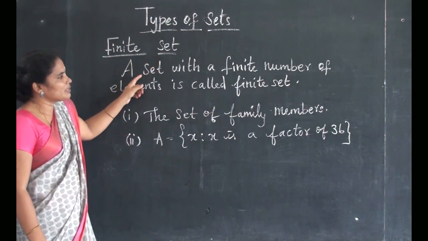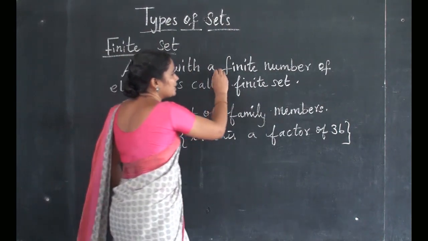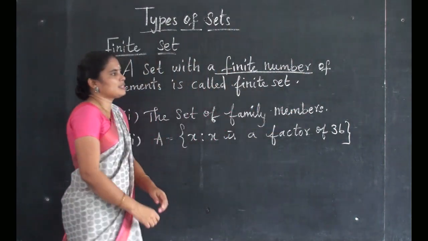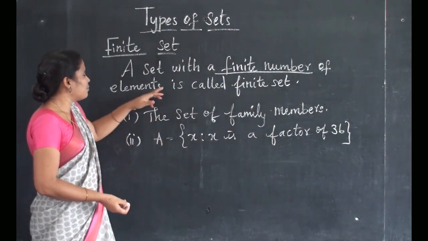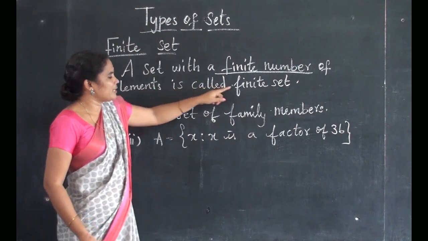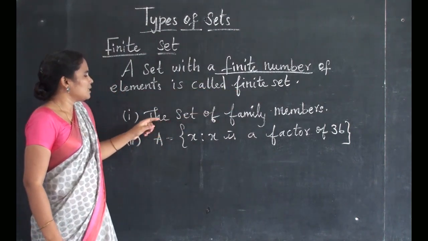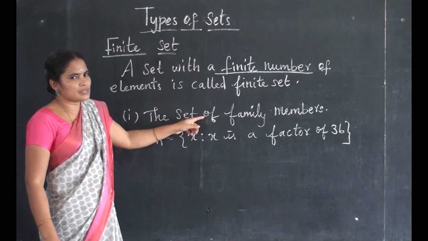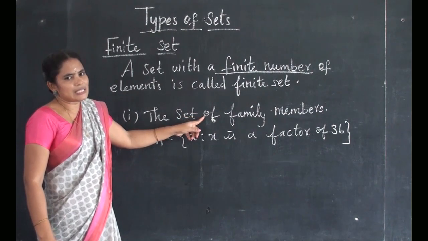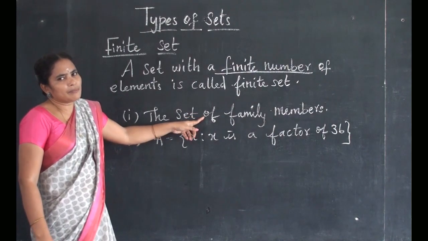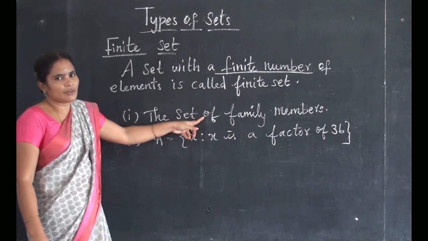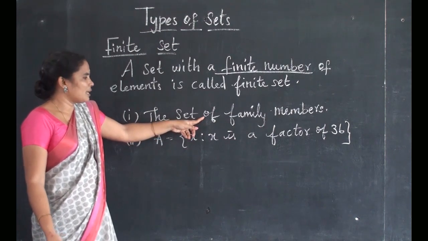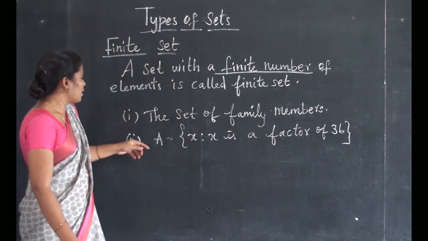A set with a finite number of elements is called a finite set. What is a finite number? A number which is countable. For example, the set of family members. You can easily count how many family members are there in your family, isn't it? Your father, mother, your brother and sister. It is easily countable.